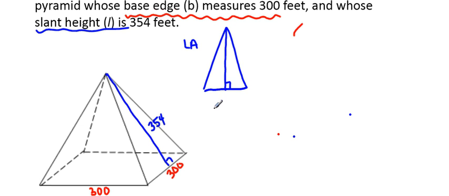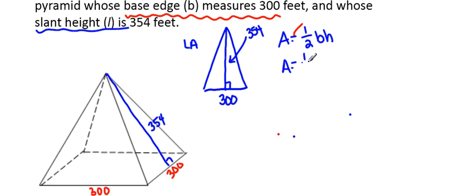Well, each one of those triangles has a base edge that measures 300 and an altitude that's 354. So to find the area of one of those triangles, I'm going to use my formula area equals 1/2 times base times height. And I'm going to plug my base of 300 and my height of 354 right into that formula.